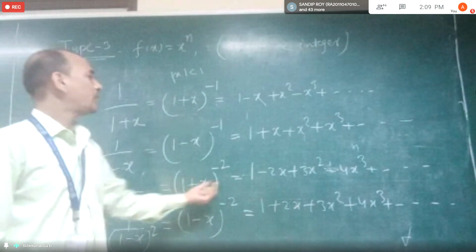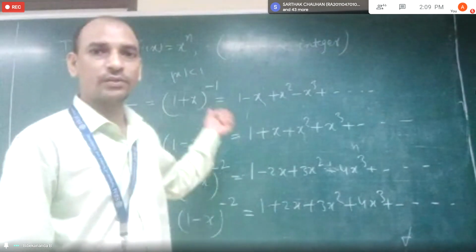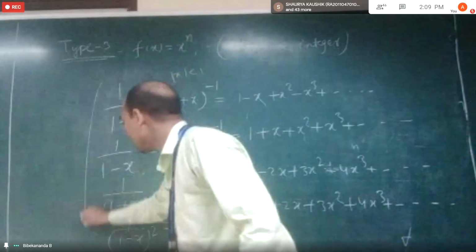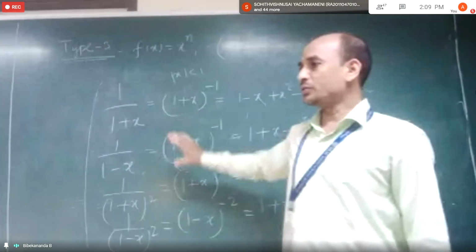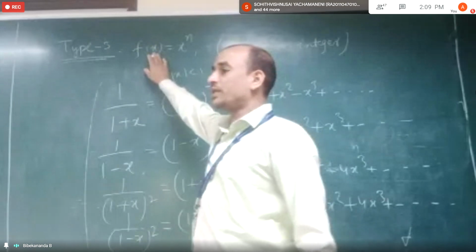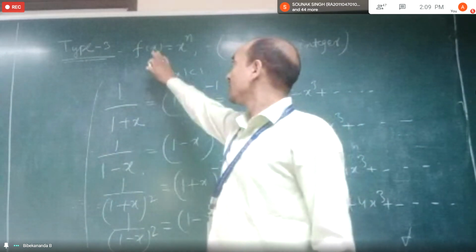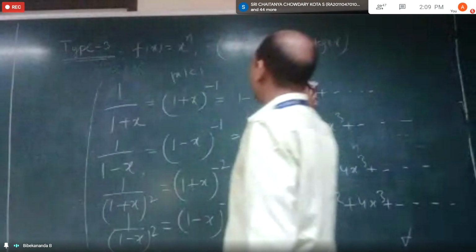Then you can use any one of the formulas. So before going to this problem, you have to remember these things, because using these we can find the series for this type of function. Okay, let us go for that.